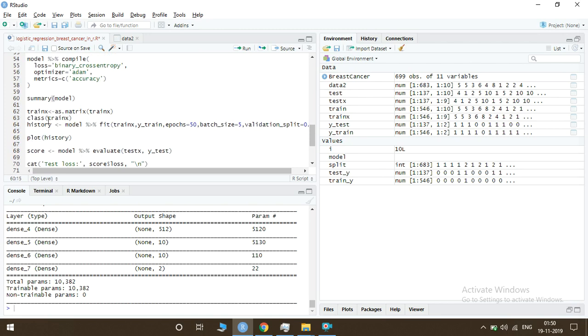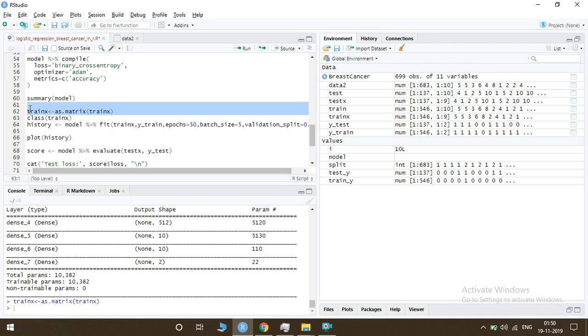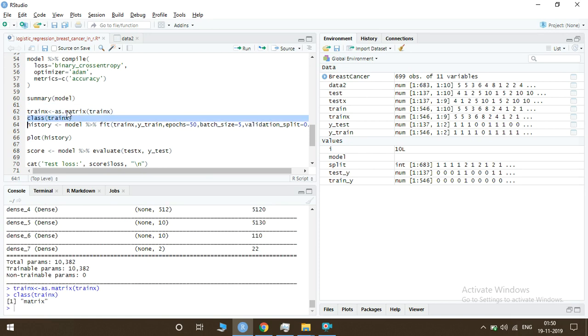It's always good to double check whether train X has been converted into a matrix or not. Train X would be the input on which your deep learning module would be trained, so you have to check the class.